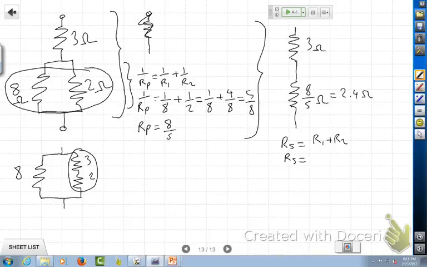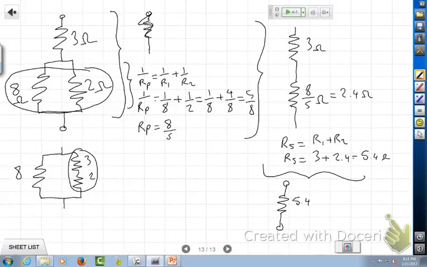R series equals 3 plus 2.4, which equals 5.4 ohms. So this thing boils down to one resistor, which is 5.4 ohms. Cool.